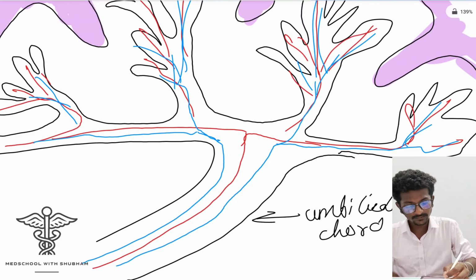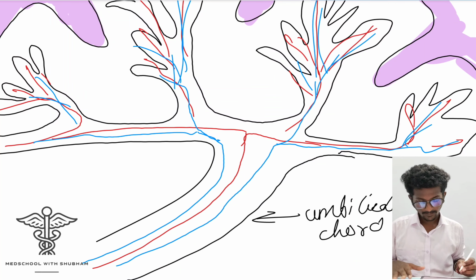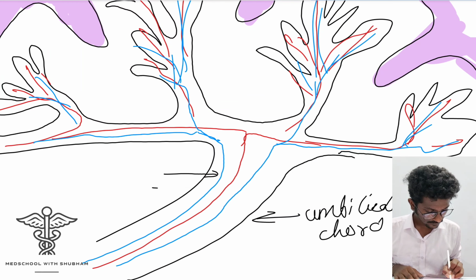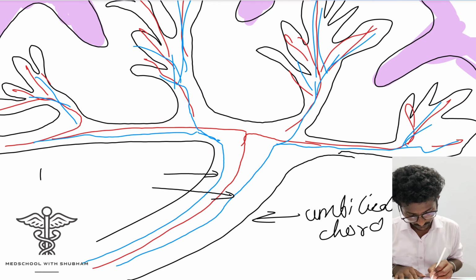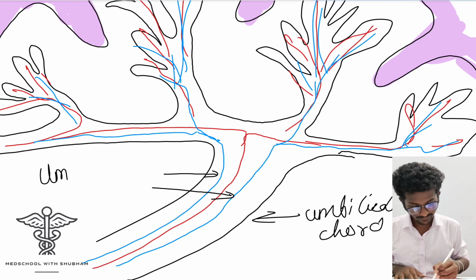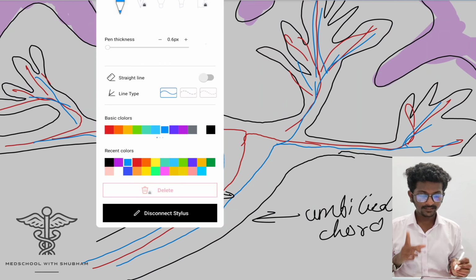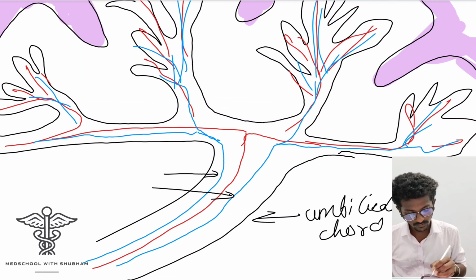Now, what are the contents of the umbilical cord? The umbilical cord contains these two umbilical arteries. These blue color ones are not veins. Those are umbilical arteries, because in fetal circulation we draw the arteries in blue color.